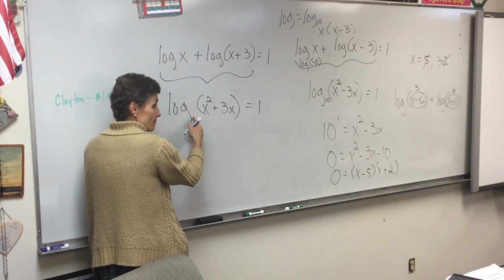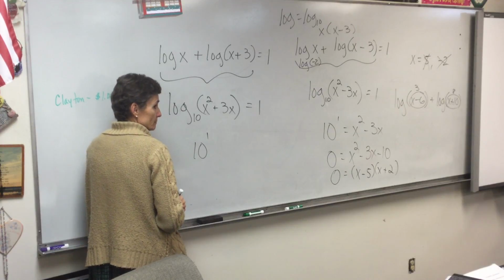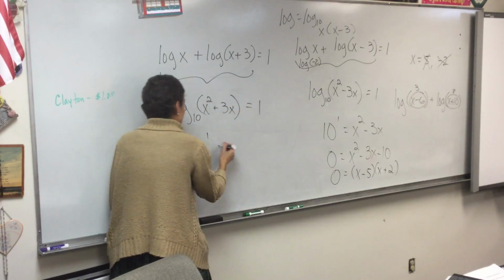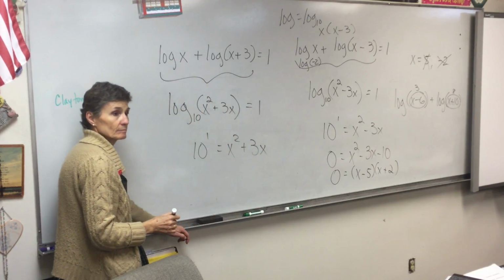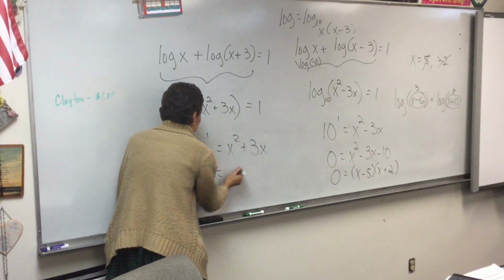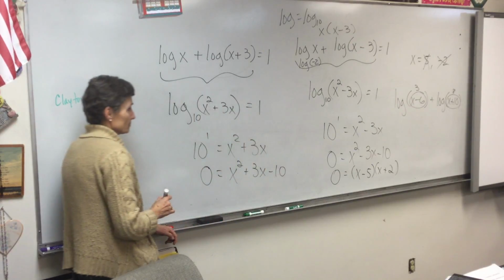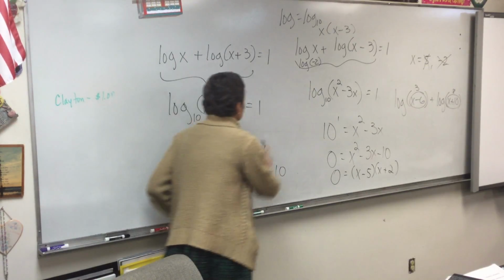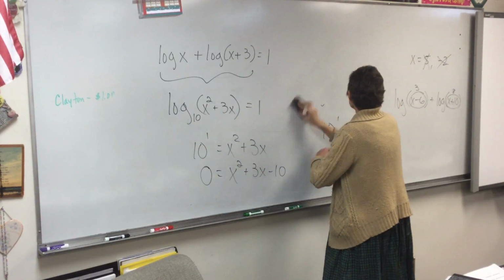What's the base here? 10. So 10 to the first equals x squared plus 3x. So x squared plus 3x minus 10. Does that one factor?